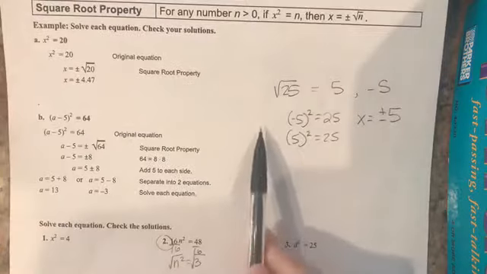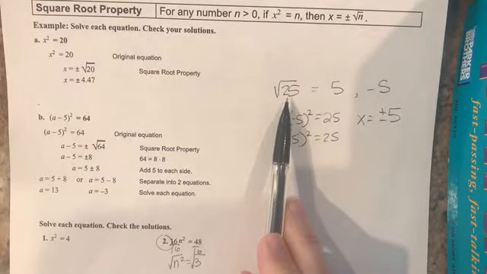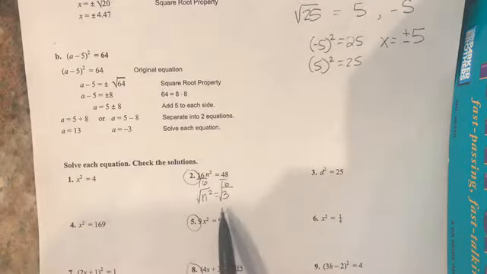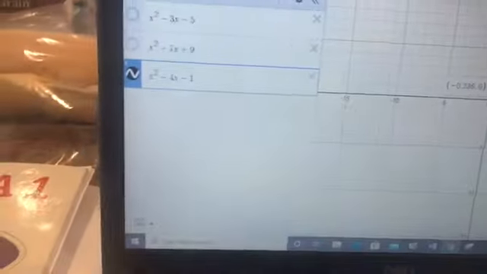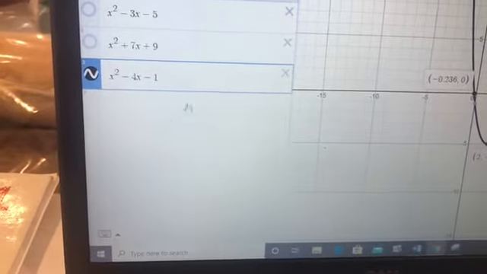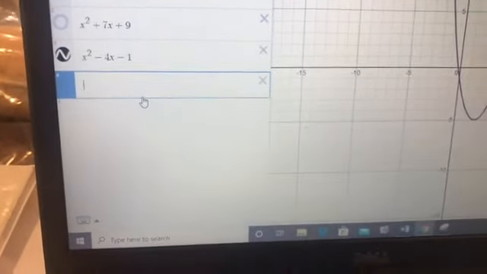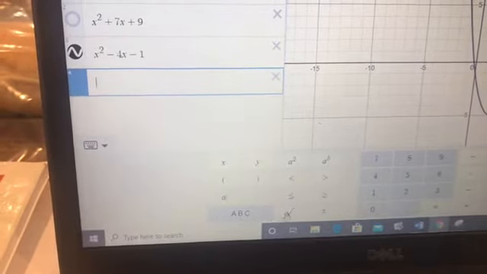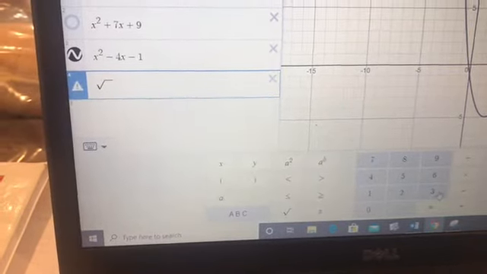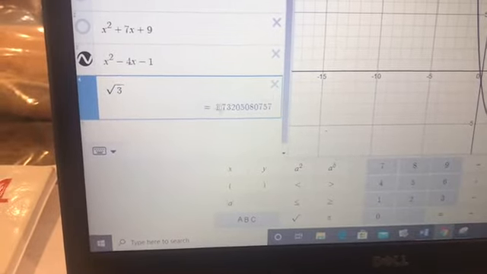Just like up here, I talked about the square root of 25. Now, when you do the square root of 3 on your calculator, and if you don't have a calculator, Desmos does regular math too. If you go to Desmos and click in an empty spot, and then go down here, you can do the square root button and the number 3. It equals 1.73.